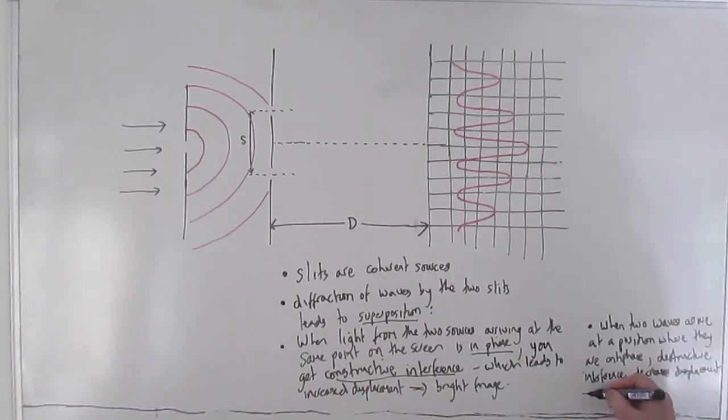And that means you get a dark fringe. And that's obviously just saying the opposite of this, but it's getting in the idea then that it's only at certain points that you get the constructive interference. In between, you get these places where there's destructive interference, and that's as a result of the waves being antiphase when they meet.